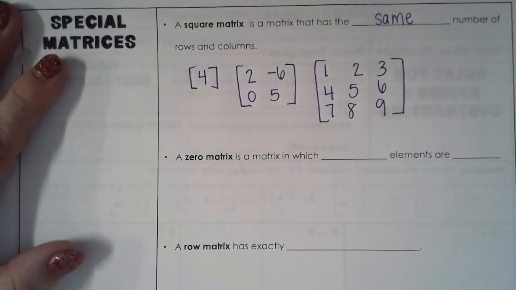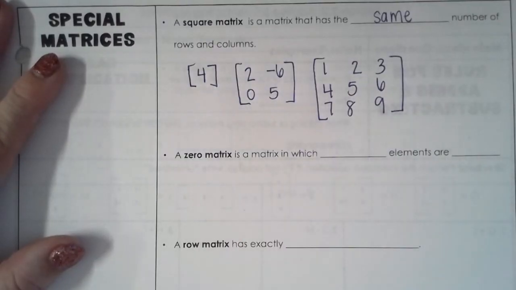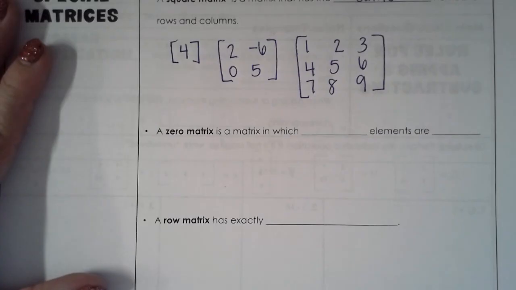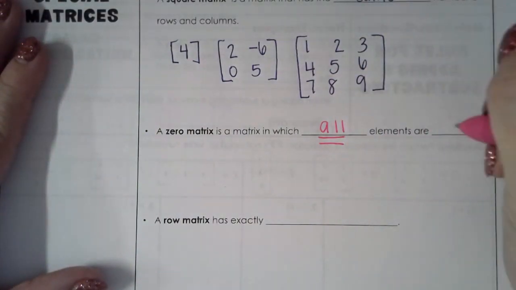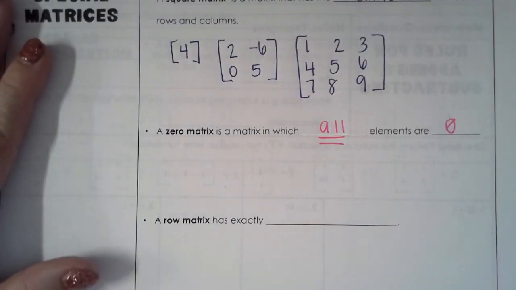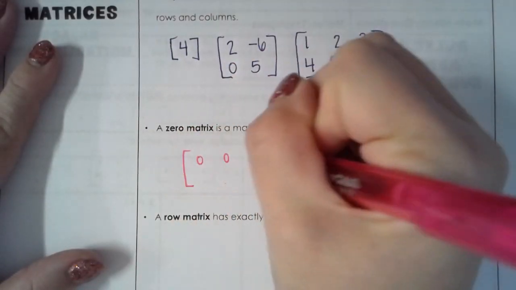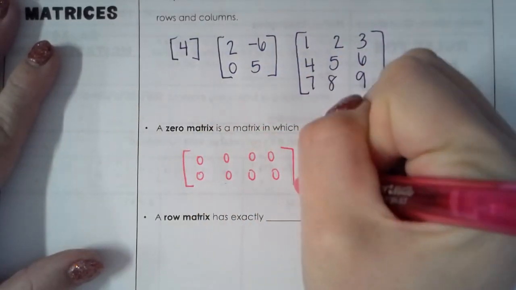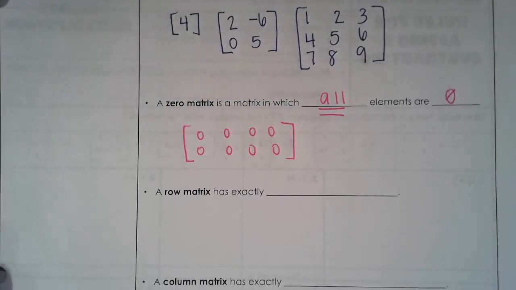And so on. Doesn't matter what numbers are in there, but there's 3 rows, 3 columns. A zero matrix is the matrix in which all elements are 0. Does not matter the size of it. That's a 2 by 4 matrix. All elements are 0.